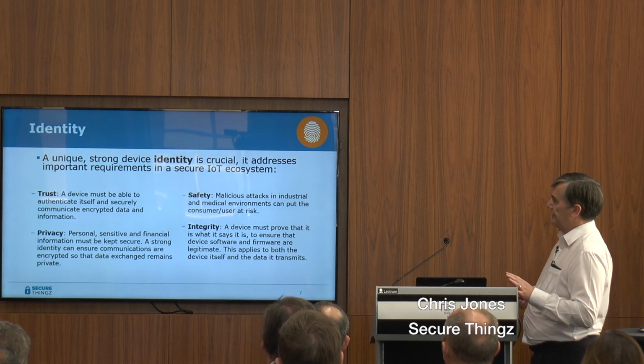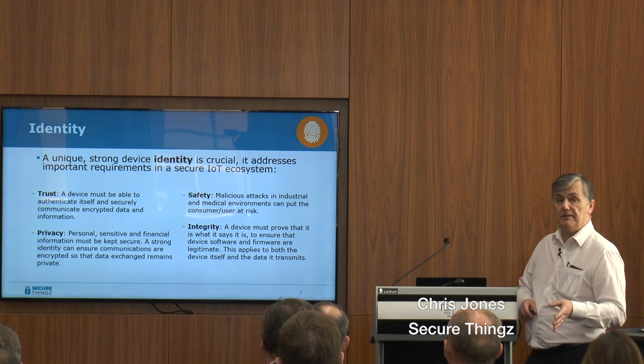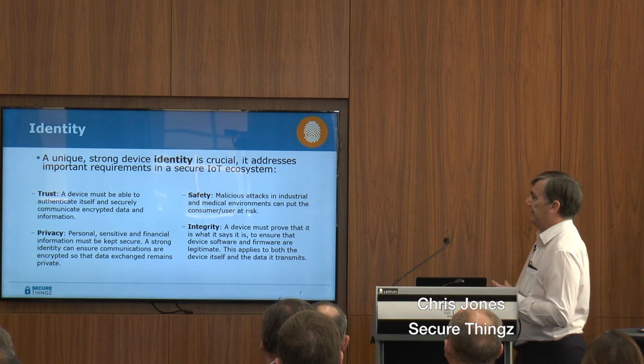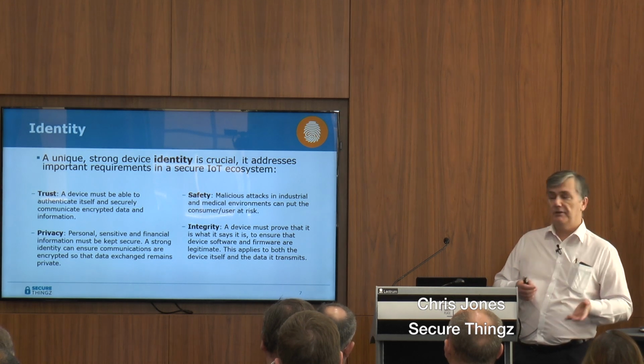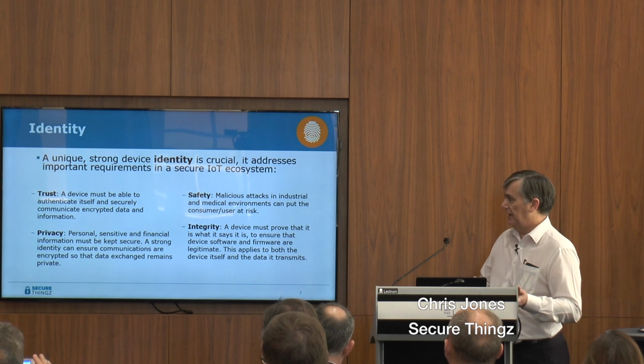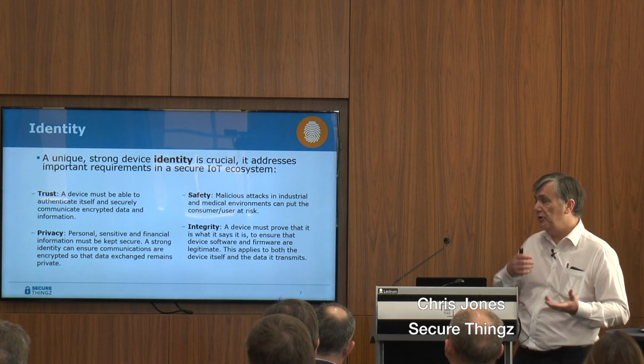Identity, very important. So the key to everything is that your IoT product must have a unique identity. It's crucial. Why? Well, it's part of trust. You can instill trust in the device because it can then communicate. If you know what you're communicating with, it can communicate securely.